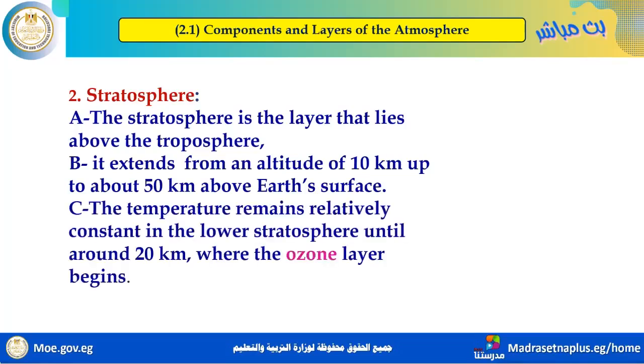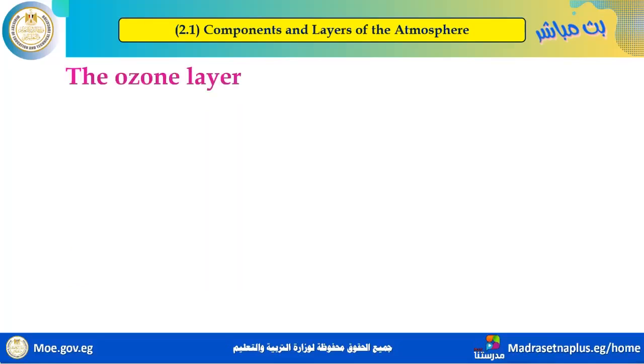The temperature remains relatively constant in the lower stratosphere. Attention, lower, until we go around 20 kilometers. At 20 kilometers, the temperature changes. Why? Because this is the beginning of the ozone layer. You talk a lot about ozone, but you don't know what ozone is.